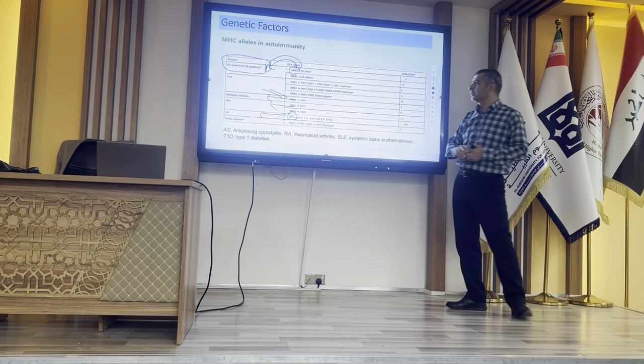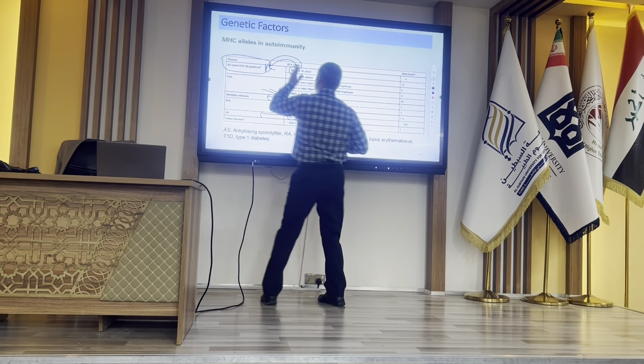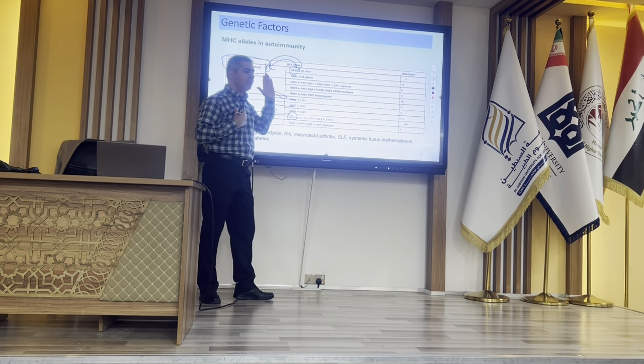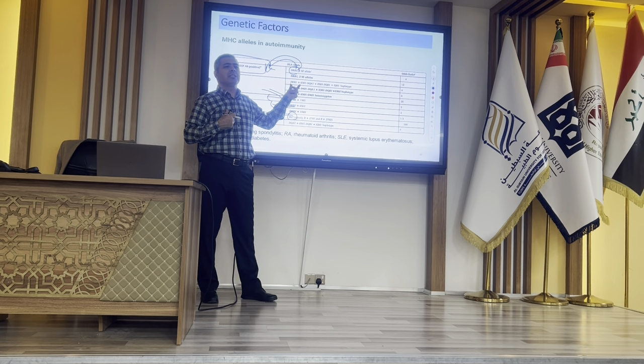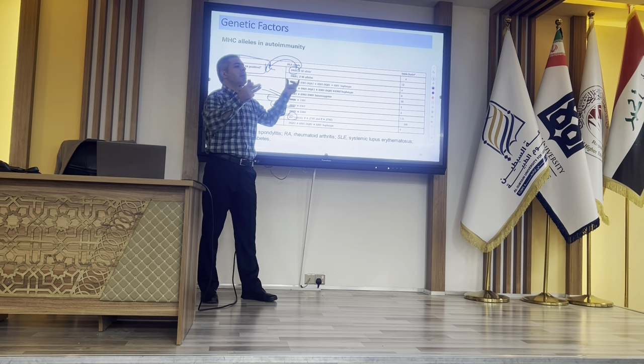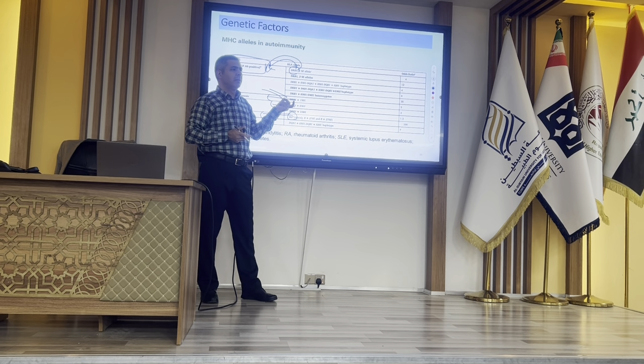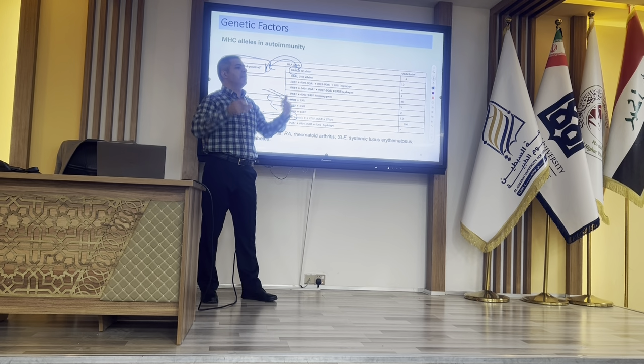It's very important to know that if a person, for example me, has one of these alleles, it doesn't mean that I will definitely develop autoimmune disease. I just have a higher risk, because there is a need for environmental factors as well.